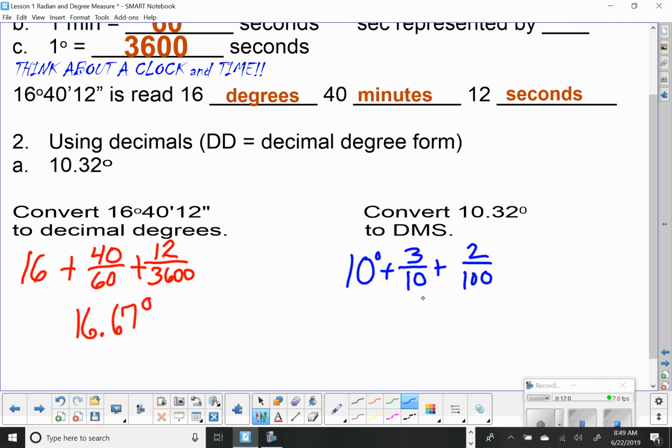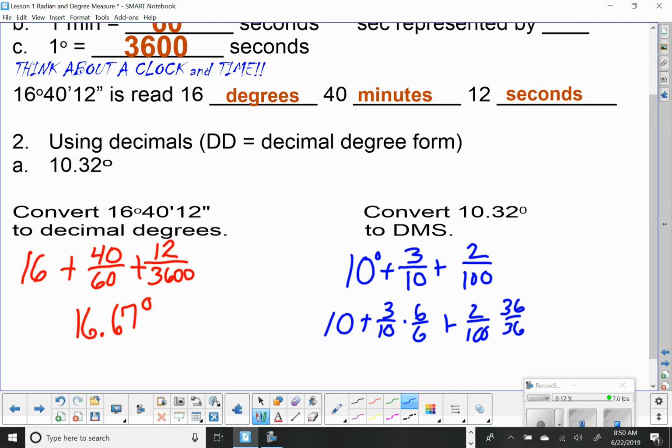Except notice that I've got 10 and 100, not 60 and 3,600. I need 60 to be my denominator for my minutes, 3,600 for my seconds. So I'm going to do 10 plus 3/10, and I'm going to multiply this by 6/6. It's a form of 1. And then 2/100ths by 36.